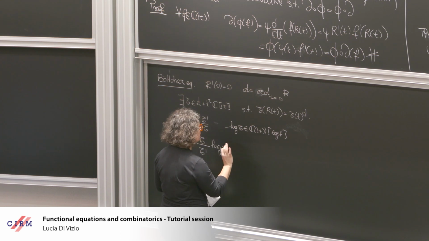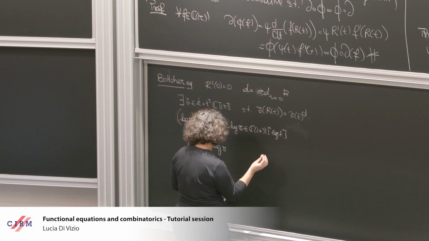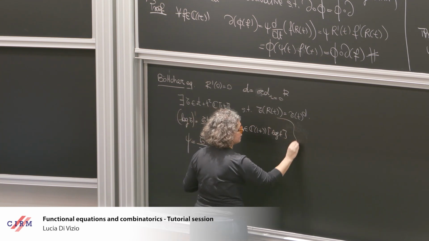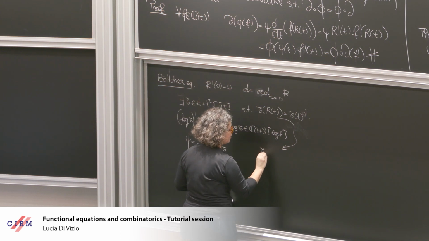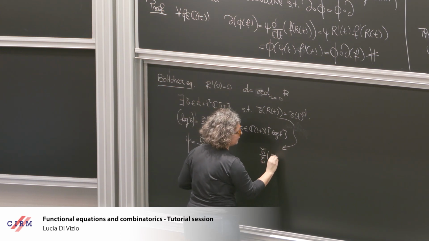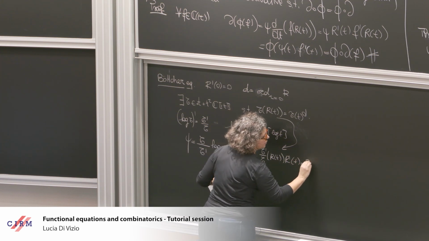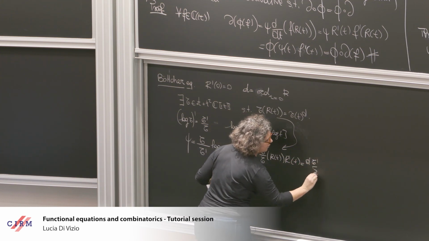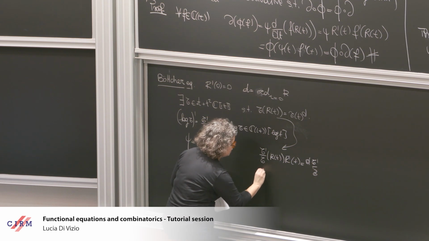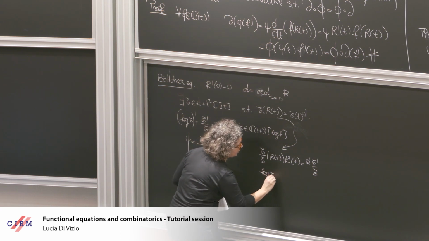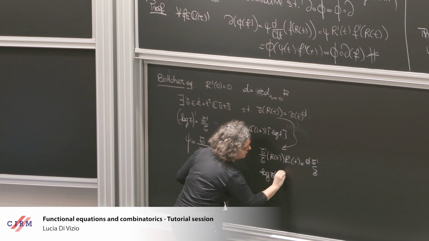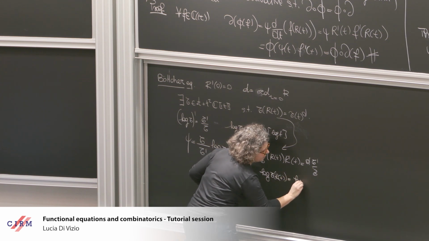And if you want to check it, from here you get something like tau prime over tau of r of t times r prime of t equal to d tau prime over tau, and log of tau of r of t is equal to d log of tau.